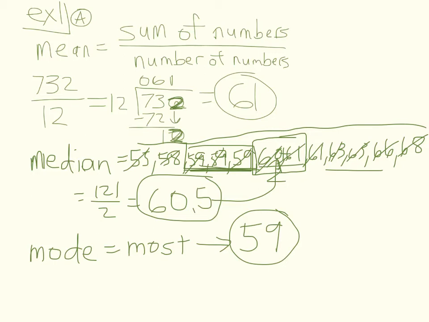Let's look at example B. Alright, in this one you are counting up. If you look at the chart that you have there, it's called a line plot. Every X that you see on there represents a different number. So on this one, if I'm doing the mean first, I'm going to add up all the numbers.